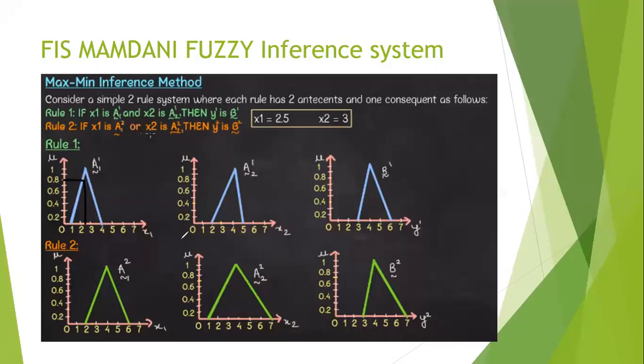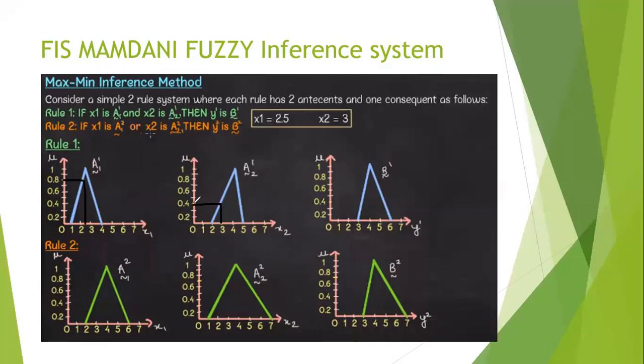In the first rule, if x1 is a11, the corresponding membership function value is 0.8. If x2 is 3, the corresponding membership function value is 0.4.